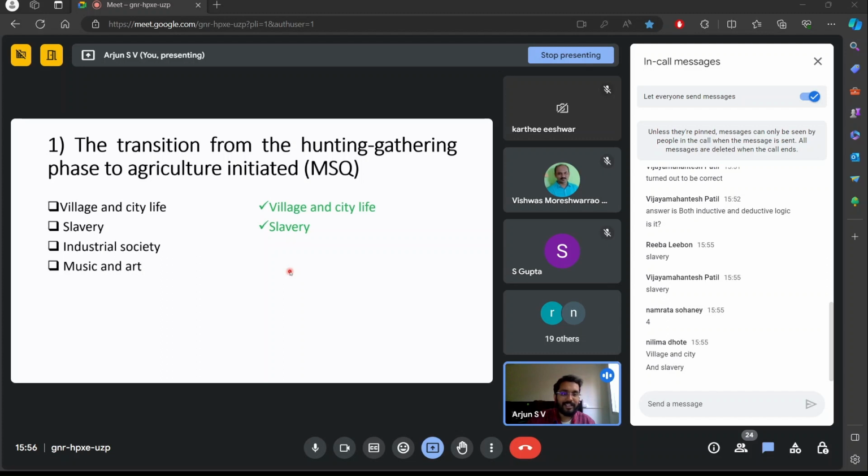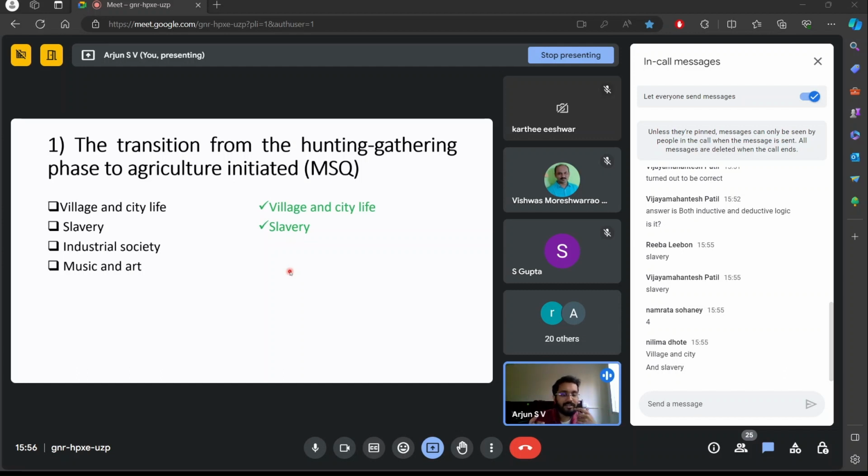Why village and city life? Because of the power dynamics and imbalance between power, food storage, and facilities around people. We talked about primitive materialism, where people started having differences in capabilities of food storage, either physically or infrastructurally.